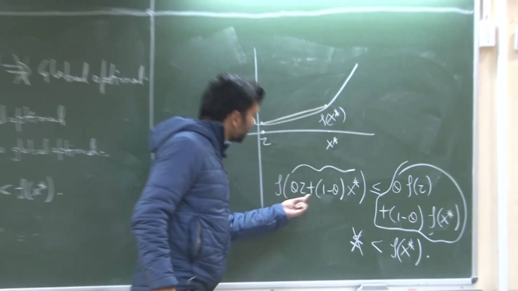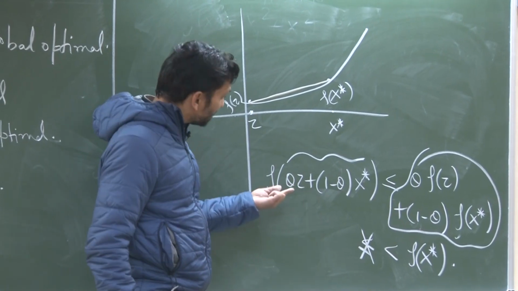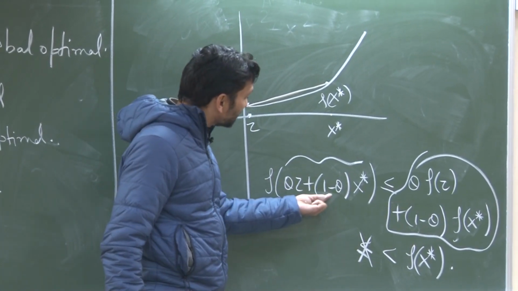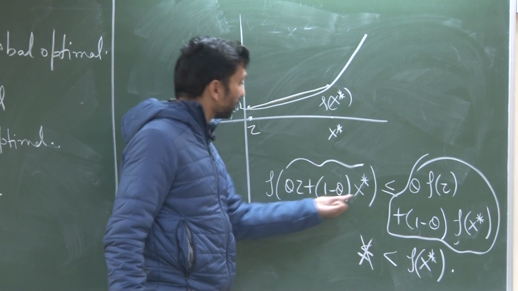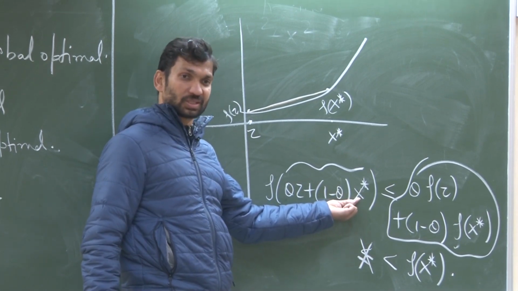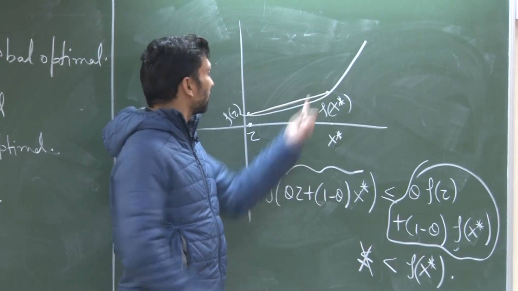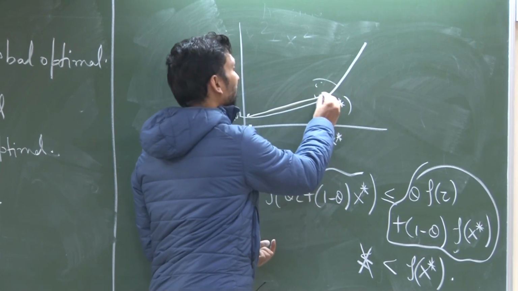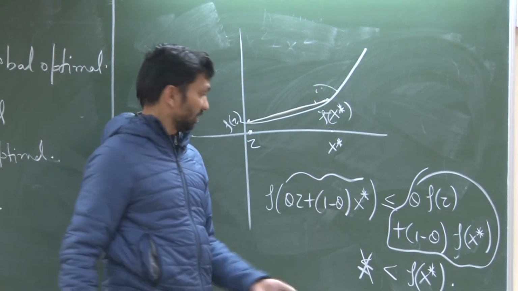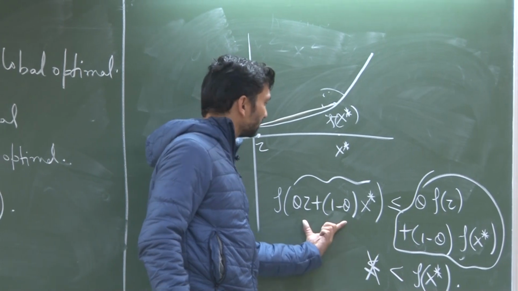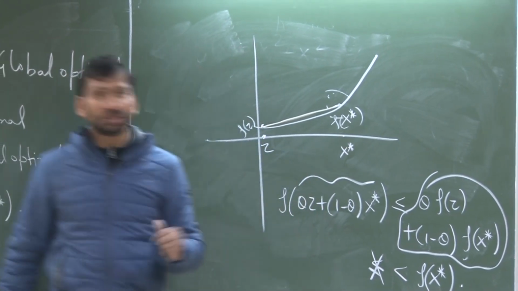notice this is the line joining z and x star. So as I increase theta, as I approach theta close to 1, the point gets closer and closer to x star. So if there is a ball around x star, there has to be some part of the line inside it. That means there exists a theta such that this point lies inside the ball.